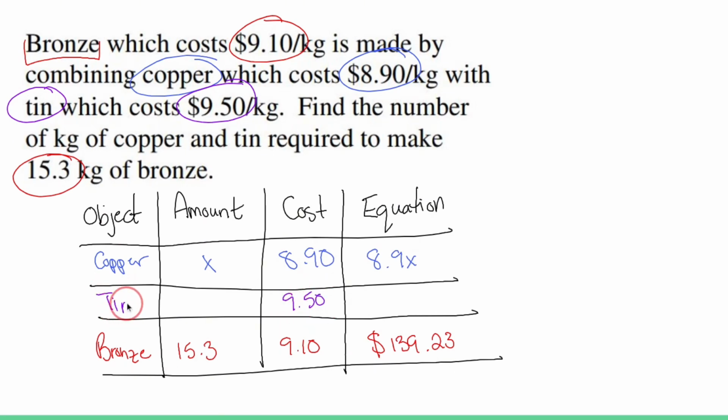That's tin. And do we know the amount? No. So this is where we have to be a little clever. I don't know the amount of copper, and I don't know the amount of tin. But what I do know is that the total amount is 15.3. So going off to the side, if we knew we had 10 pounds of stuff and 7 pounds of other stuff, wouldn't we find what we have left over by doing 10 minus 7? We would.